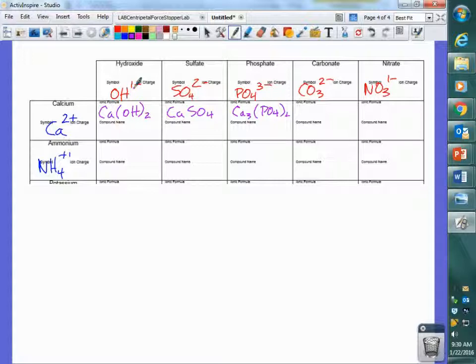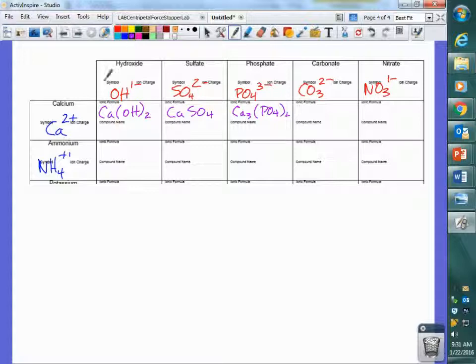Sulfate is looking to gain 2 electrons, or it has gained 2 electrons. How many electrons has ammonium lost? Just 1. That's why it has that +1 charge, right? So how many ammoniums do we need to balance out that sulfate? 2 ammoniums for every 1 sulfate. Does that make sense? All right.